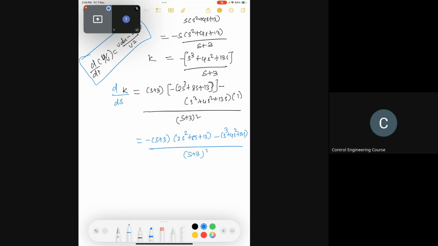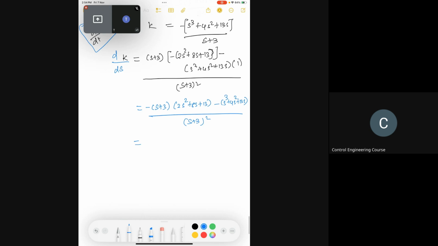Let us keep it like that only. Minus will be common: 2s cube plus 8s square plus 13s plus 6s square plus 24s plus 39 minus s cube minus 4s square minus 13s.